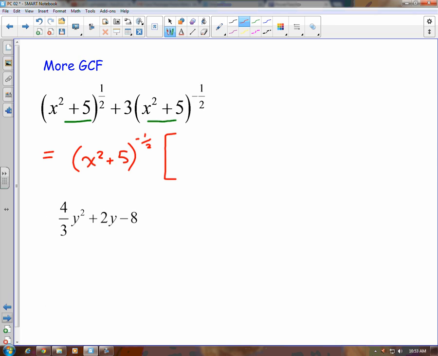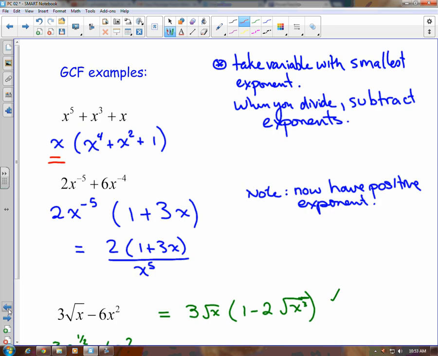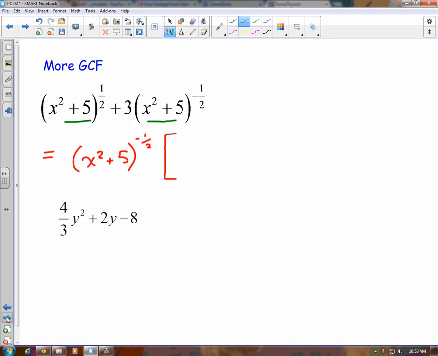Okay. So now, what should I notice? I'm going to notice a couple of things. One of the things that we noticed was we now have positive exponents, so we should end up with positive exponents. We'll also end up with something else. What happens in that first one? Well, when you divide, you're taking this thing to the power of 1/2, dividing it by that thing to the power of negative 1/2. So we subtract the exponents, which means we're going to keep this x squared plus 5.